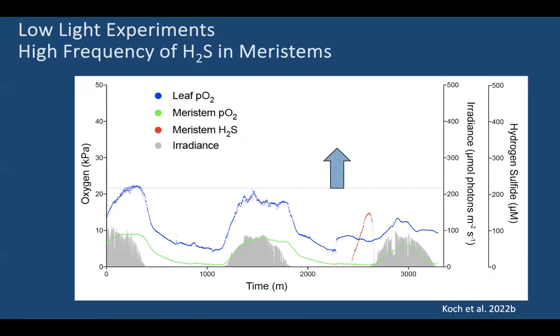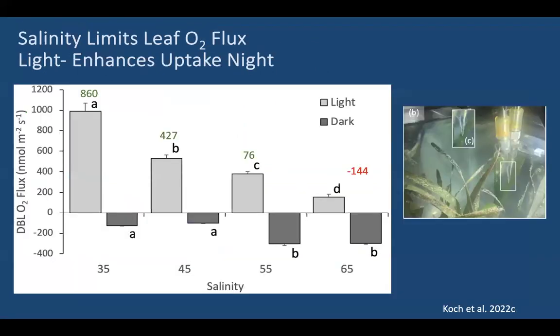So just a couple other series of experiments that we've been running. This was a field experiment also with the microsensors, where we did some shading experiments, and we showed a series of low light days can also stimulate internal sulfide intrusion into these plants. We also were looking at salinity because this is a semi-enclosed hypersaline lagoon.